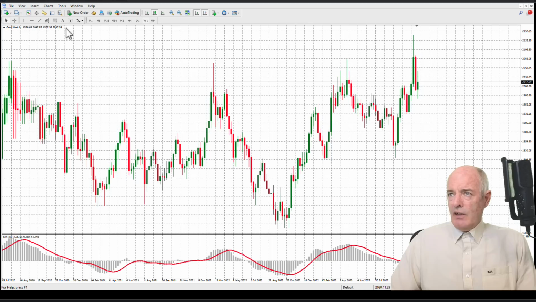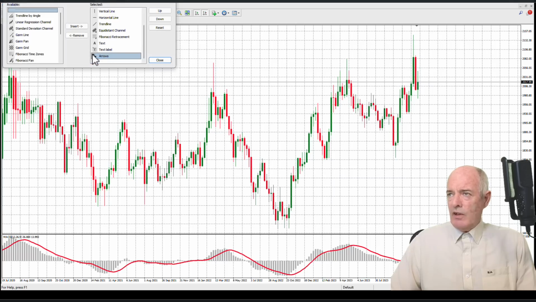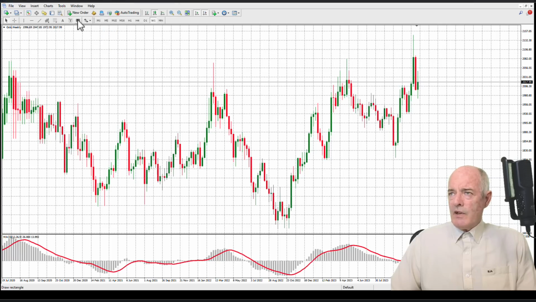So if we take a look at some of our, let me just get a quick, here's something else I can show you about how to customize MT4. I want to be able to draw rectangles, so I'm going to insert that in my toolbar. So here I have a rectangle.